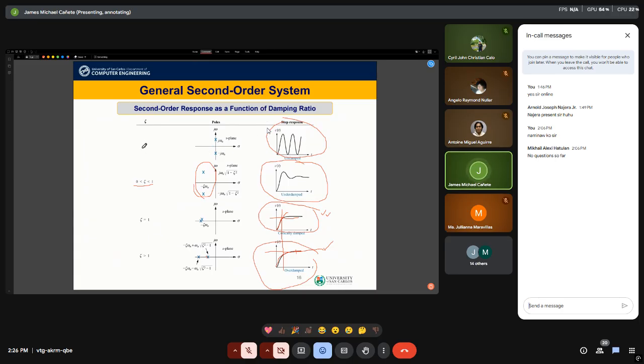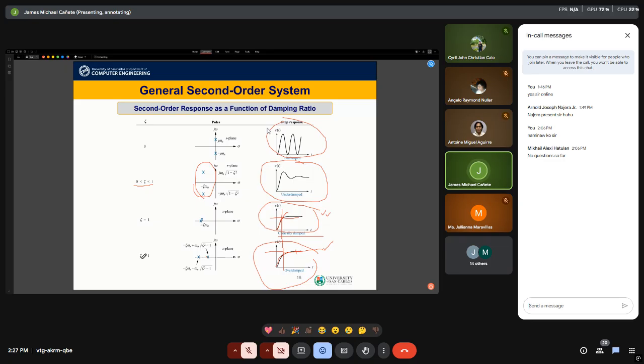But if zeta, as you calculate it or as you see it in the transfer function, is between 0 and 1, meaning there is both a real and an imaginary component, you will get the underdamped response. The next one is if zeta is equal to 1, meaning you have no imaginary component, you will get a critically damped system.